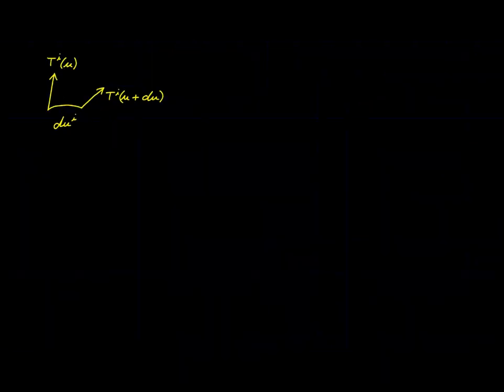Suppose we have some vector field Ti. Here it points in this direction, and over here, a small distance du away, it points in this direction. Well, for a vector function like this, we can relate these two values using the first two terms of a Taylor series expansion. Remember, because we're dealing with infinitesimals, we can ignore all but the first order terms.